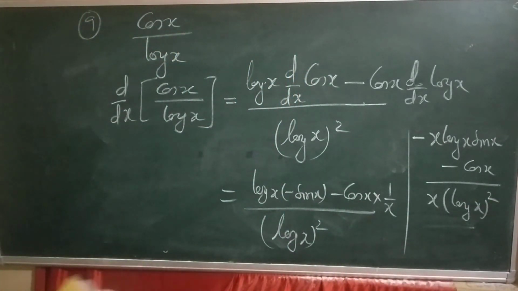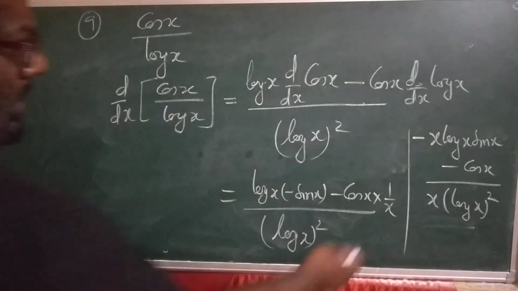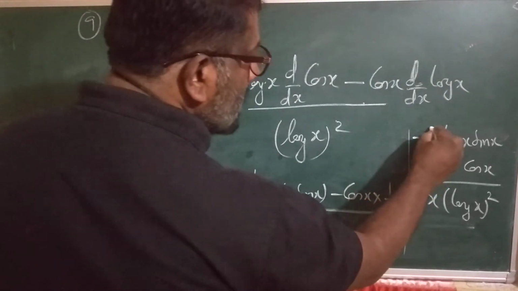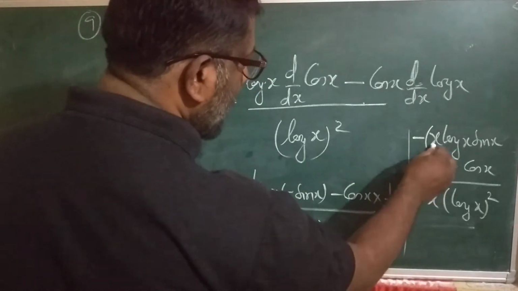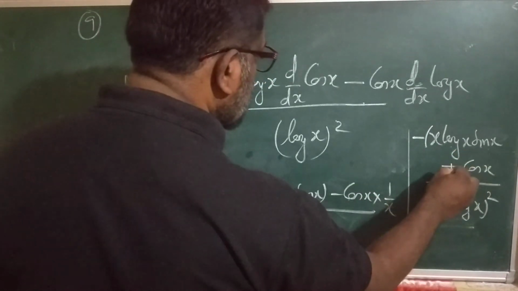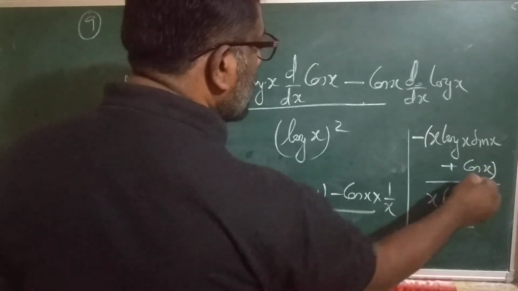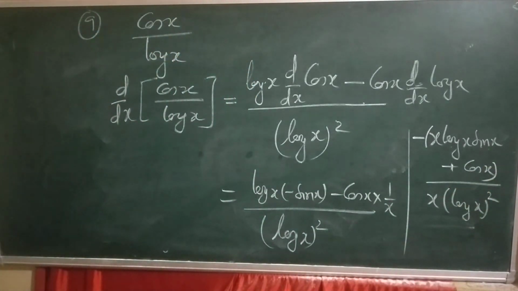This is the answer, or we can simplify by taking the minus sign common. So it will come in bracket: minus x log x sin x plus cos x upon x log x whole square. This is the answer of question number 9.